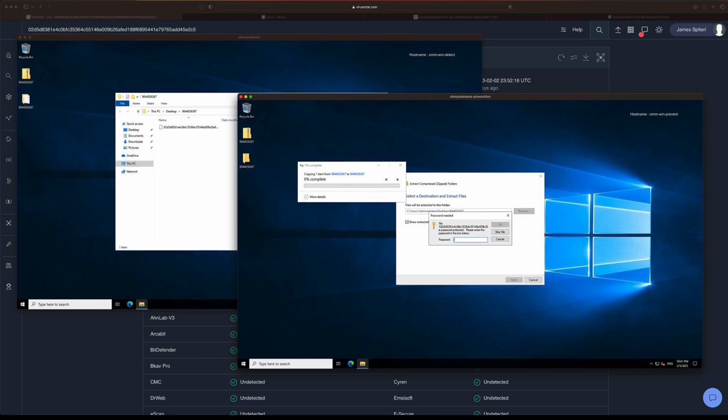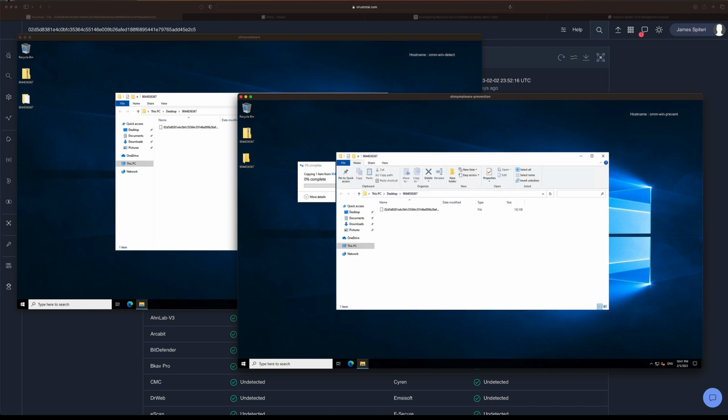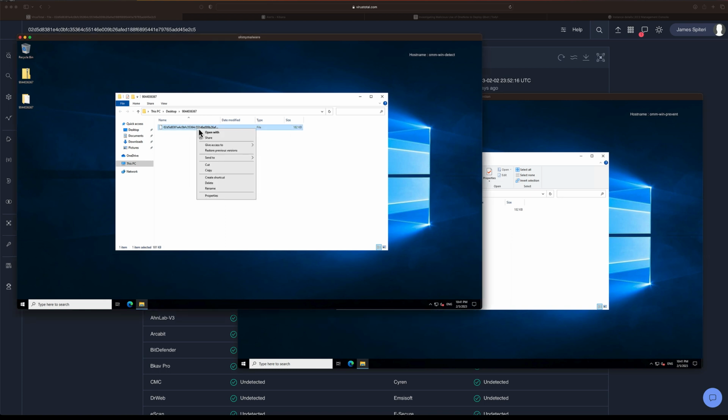And what I'll do is add a file name that was distributed in the phishing email over here. So you can see it is a OneNote file. And let's go ahead.